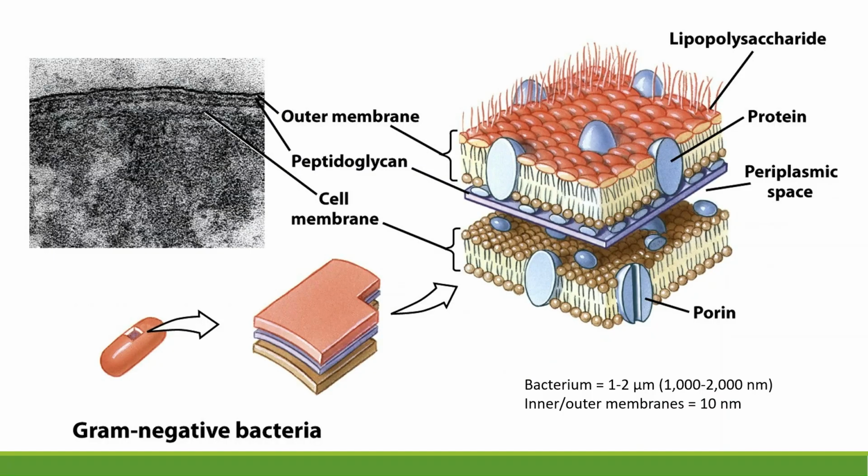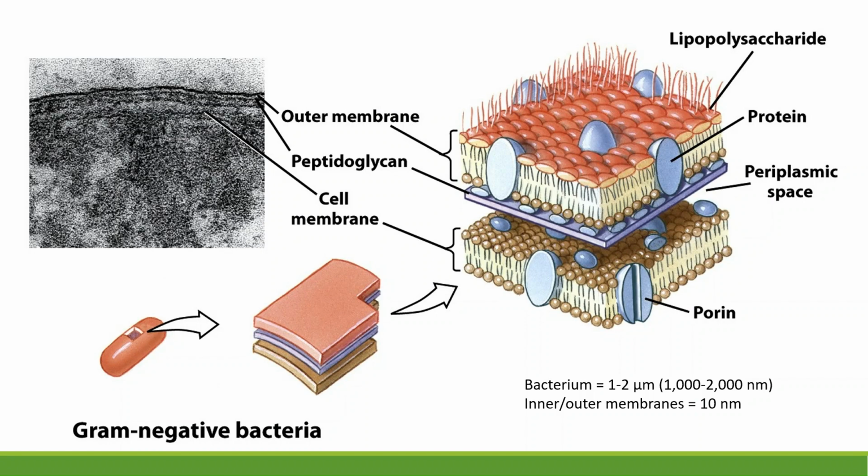And here again is an electron microscope image of the gram-negative membrane and its cell wall. For reference, again, a bacteria is about 1 micrometer wide. As you see there, 1 to 2 micrometers, somewhere in that range in that text box. A micrometer is equal to 1,000 nanometers, nm.